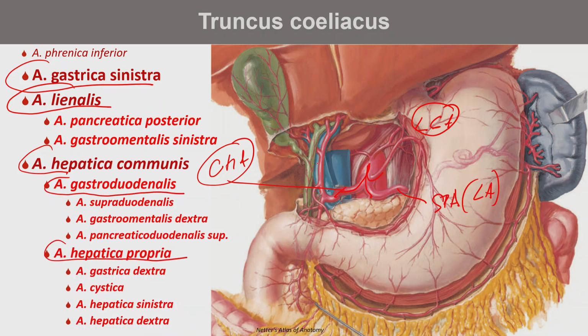The proper hepatic artery, seen here, is supplying the bile ducts, gallbladder, and also the liver. The gastroduodenal artery is supplying a part of the stomach, duodenum, and also part of the pancreas. The gastroduodenal artery is this one.